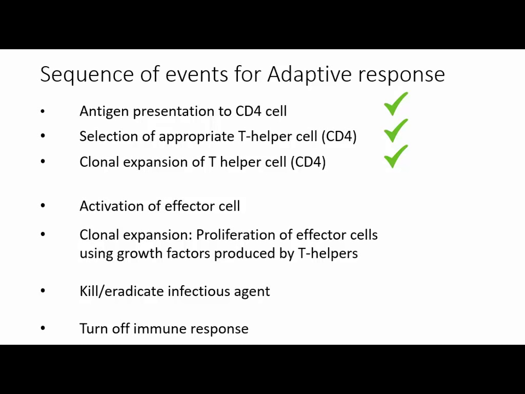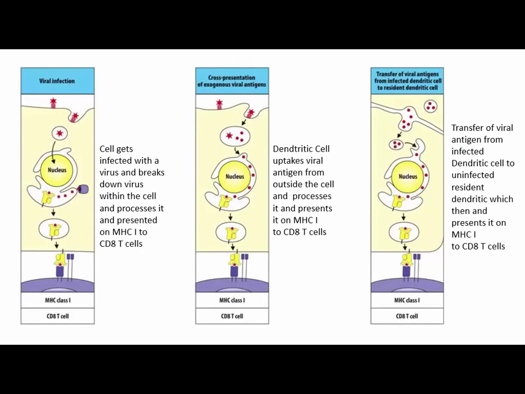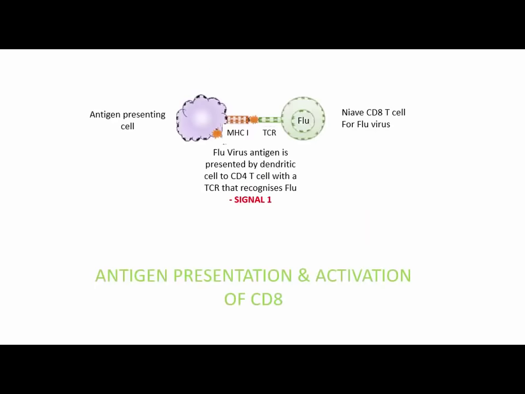Now, that is one event. Another event was also happening simultaneously. What has happened is the dendritic cell has also taken up the antigen and presented it on MHC1 to the CD8 cell.